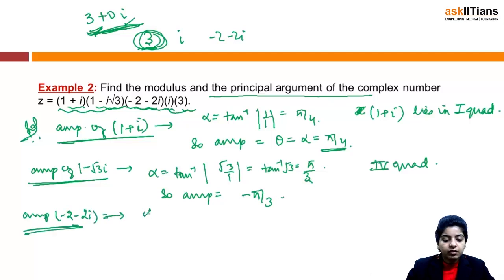For this, again alpha is tan inverse of minus 2 by minus 2, that's 1, again pi by 4, and further it lies in the third quadrant.